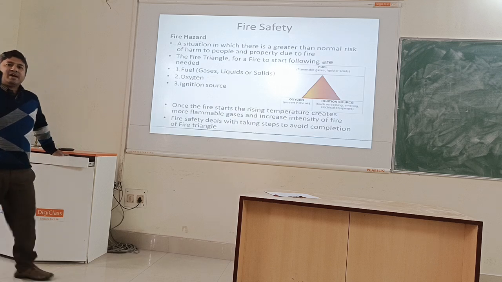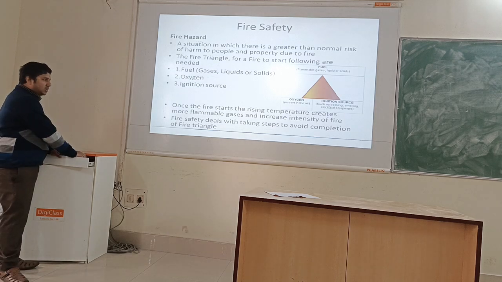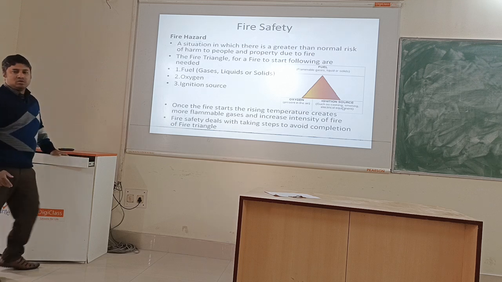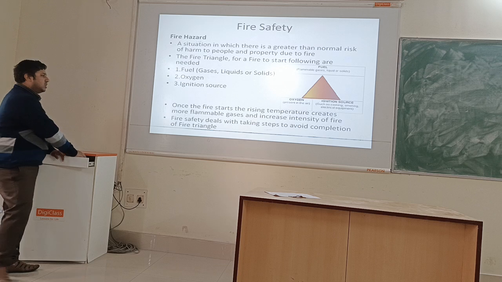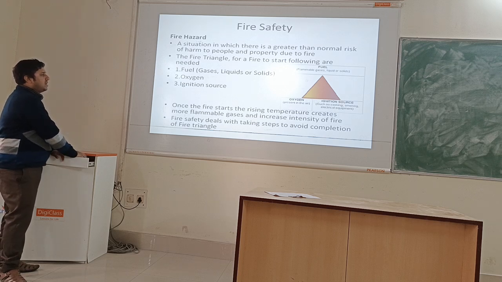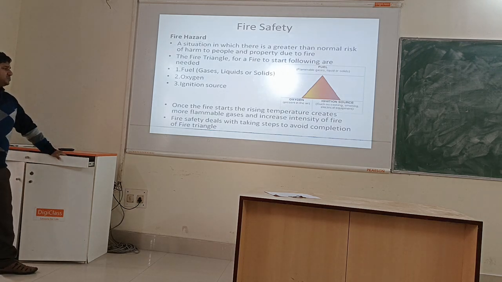In the household you will find papers, cooking oils, electrical wiring. All this acts as fuel, and the sparks from smoke or cooking oil or an electric spark will ignite it, and with the presence of oxygen it will burn. So this is the fire triangle which represents the fire hazard.